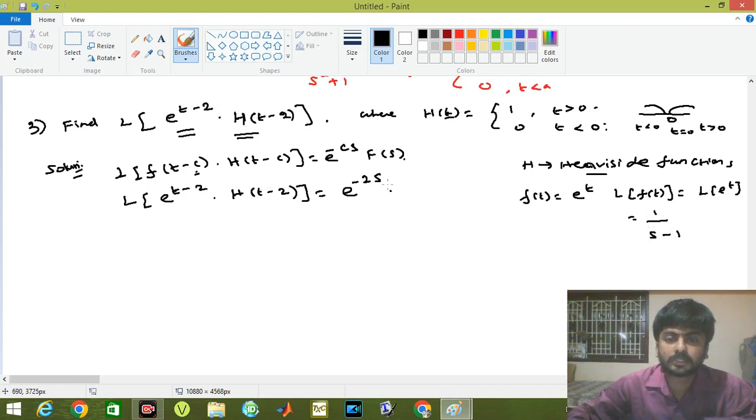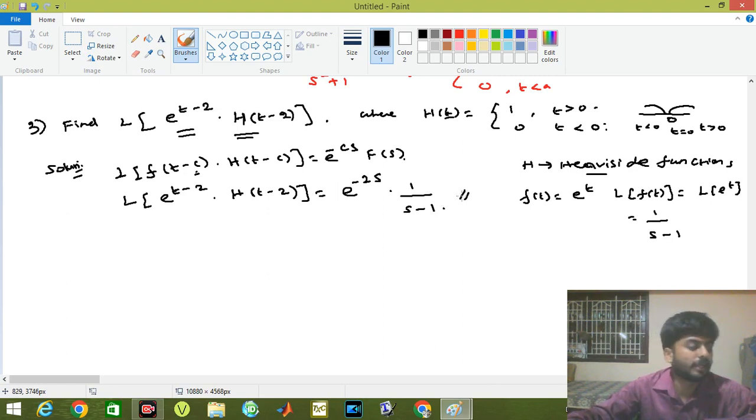So e power of minus 2s into 1 by s minus 1. Okay, so this is our result. L of e power of minus a t is 1 by s plus a, and L of e power of plus a t is 1 by s minus a.